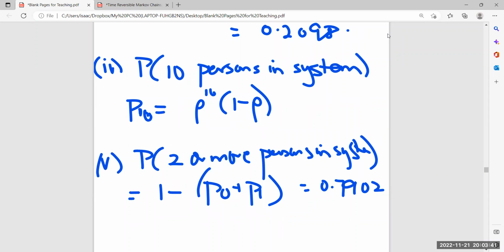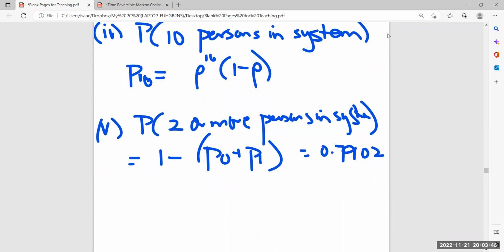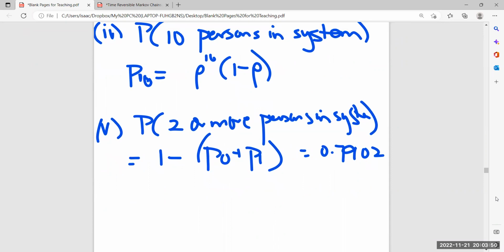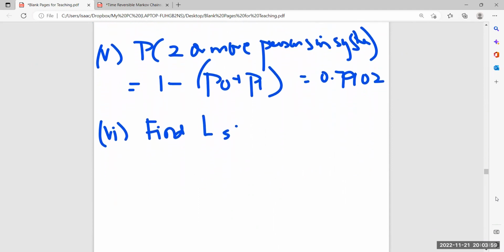Let's work out the expected LS now, the expected number of persons in the system. We found that just now to be rho over 1 minus rho.